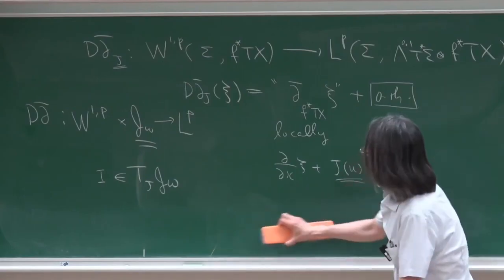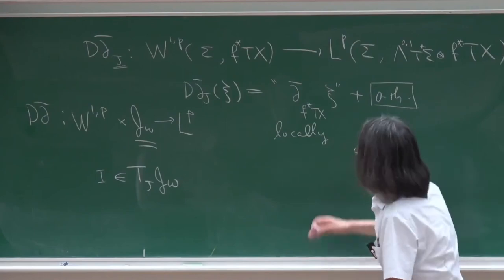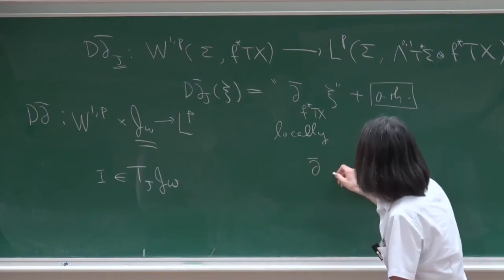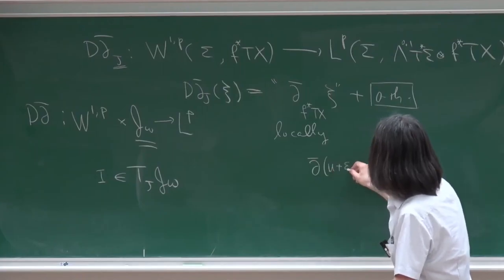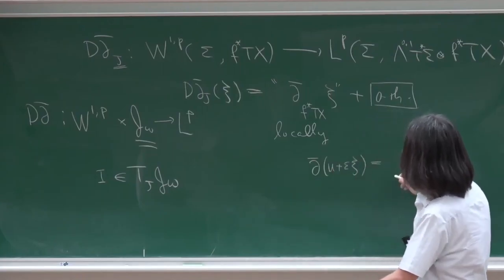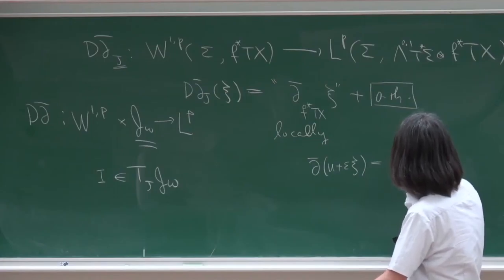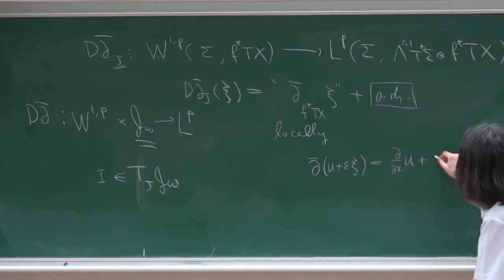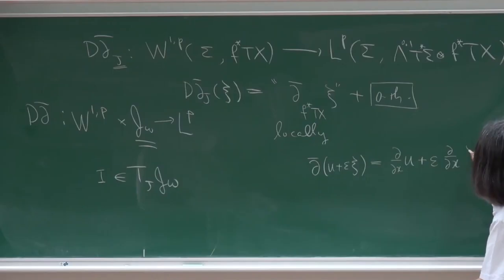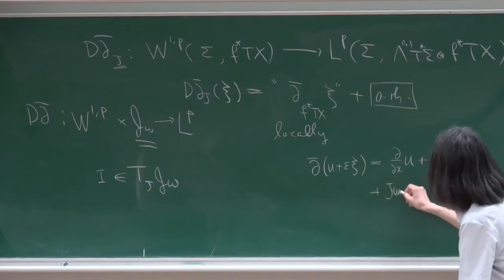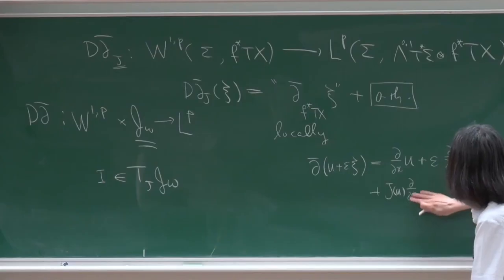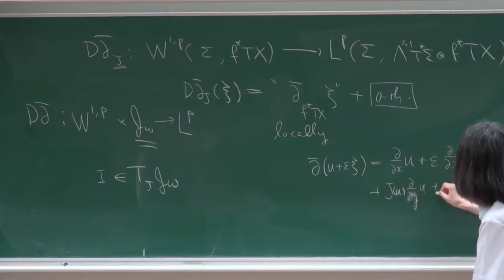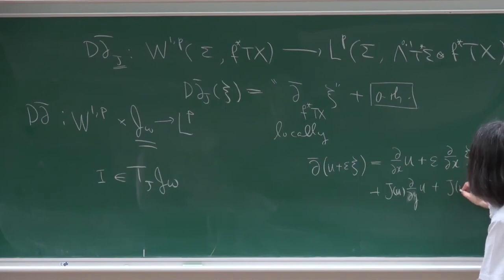Sorry, maybe better to write more precisely. The Cauchy-Riemann operator of u plus epsilon psi is equal to d/dx of u plus epsilon d/dx of psi, plus J of u times d/dy of u, plus J of u and epsilon here times d/dy of psi, and so on.